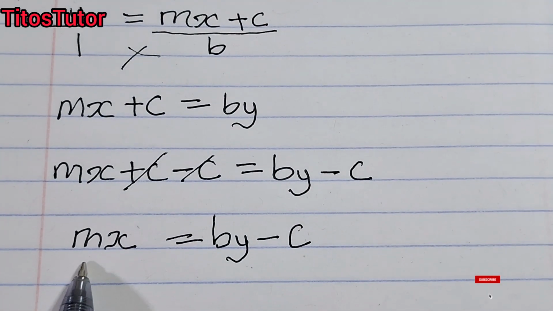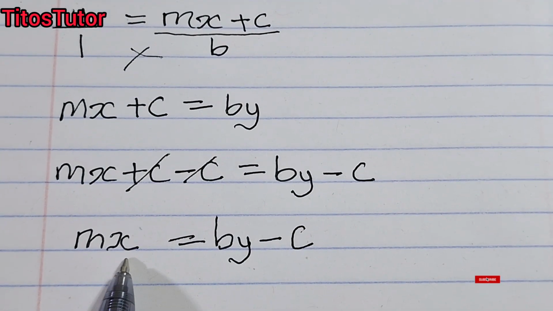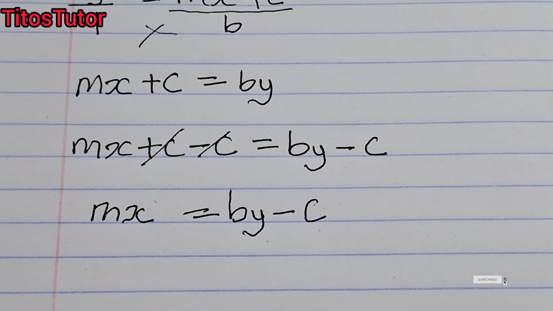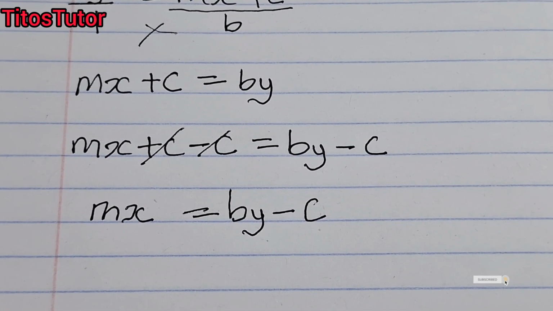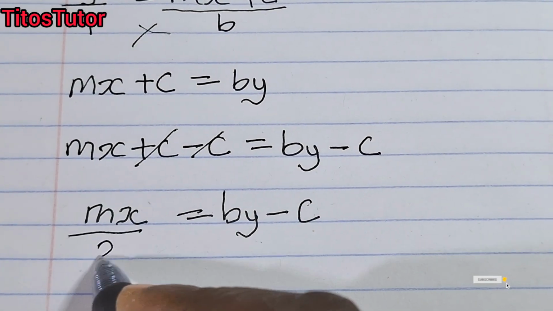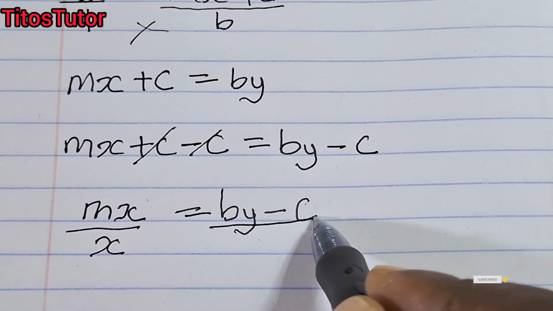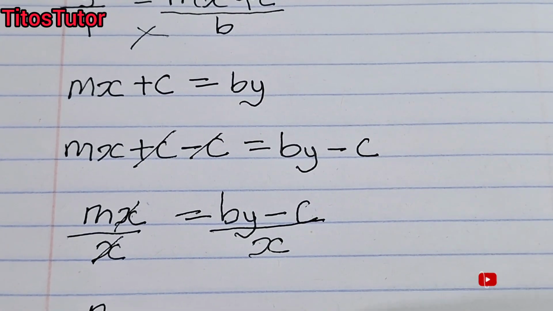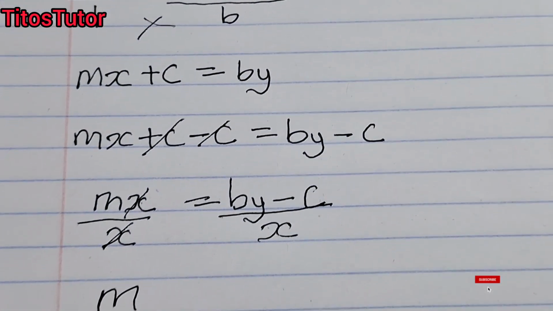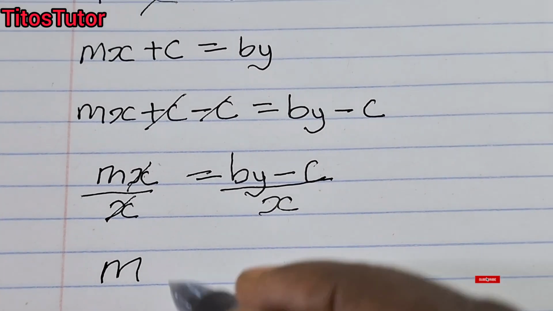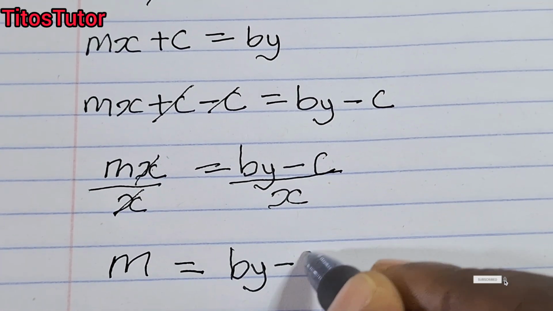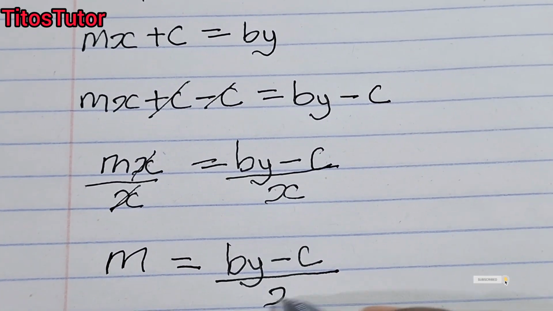Remember, I'm making m the subject of the formula, so I need to get rid of this x. How do I do that? I'll divide both sides by x. x cancels x. m stands on its own, and m is equal to (by minus c) all over x.